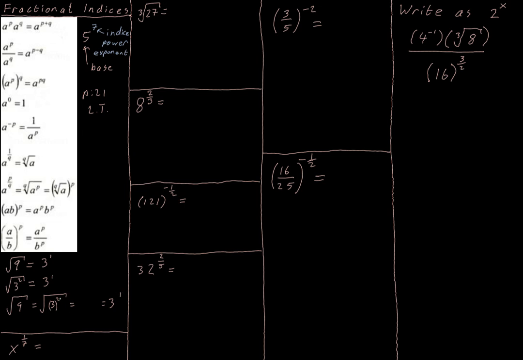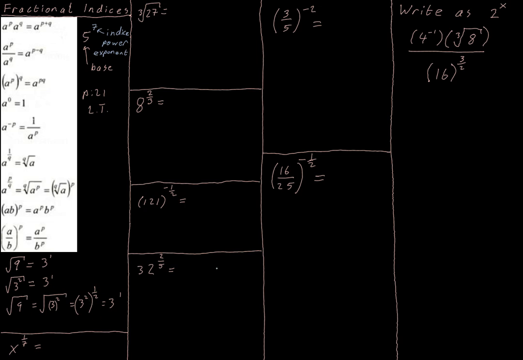So what would we end up doing if we were taking powers of things? We have 3 to the 2. What power would we put on that to end up with 1? And it turns out that we're taking a power of a half. 2 times a half would be 1. So a square root is the same as the power of a half.